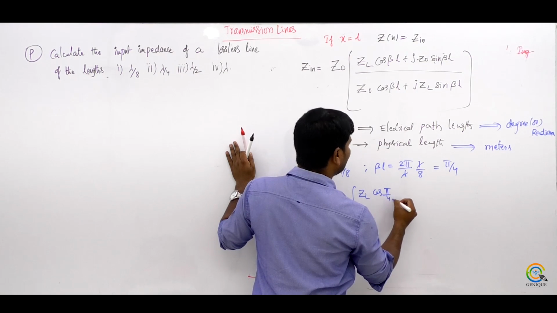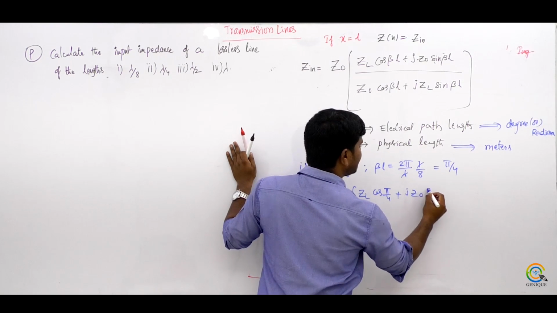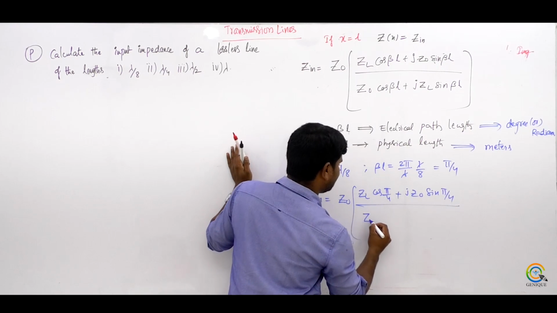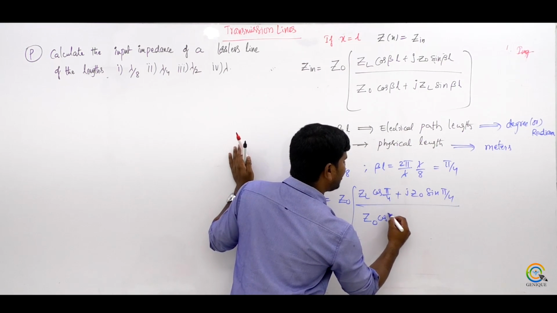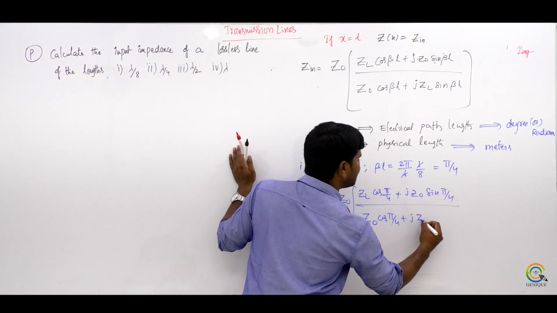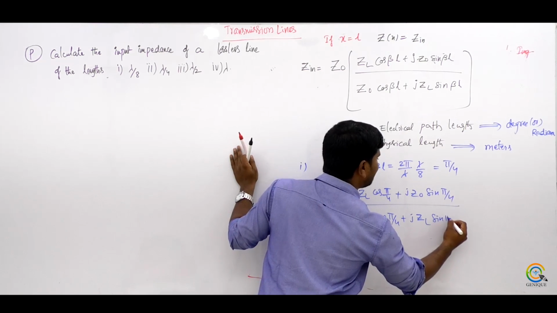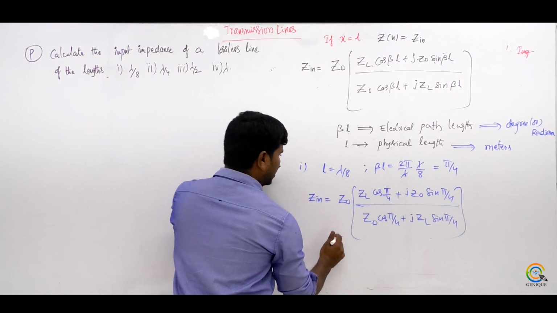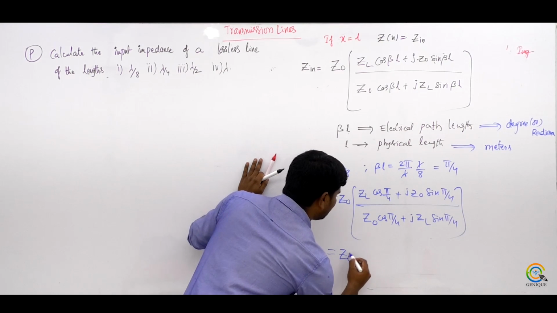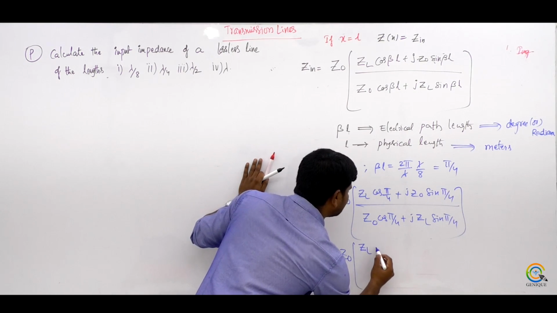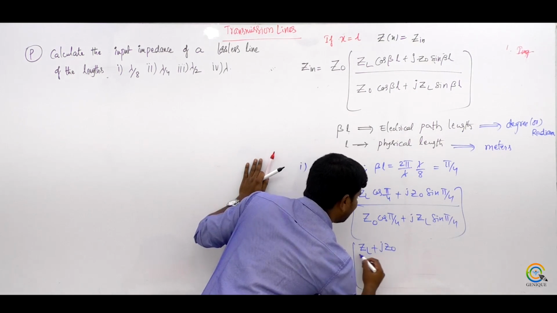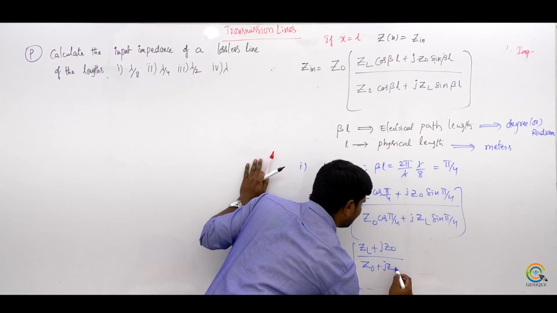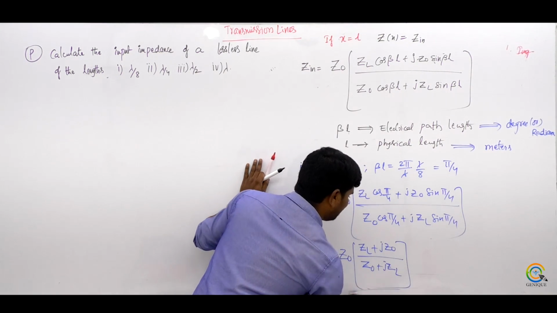Sin pi by 4 and cos pi by 4 are 1 by root 2. So here you will get Z0 into (ZL plus jZ0) divided by (Z0 plus jZL) as the input impedance.